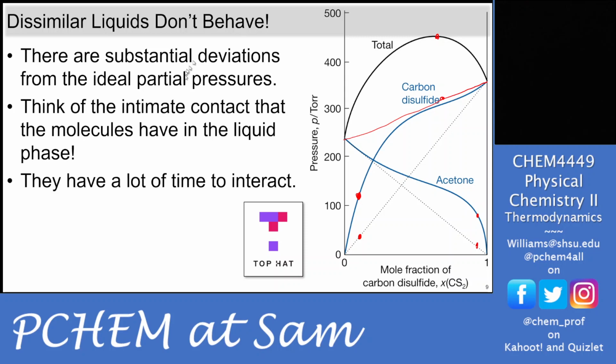Okay. And so they have a lot of time to interact in the liquid phase. They have a lot of time to repel each other if they don't like each other. If they do like each other, they may suck everything into solution and really lower the vapor pressure. So you could have a curve that deviates below expected if they like each other. So let's do a top hat.